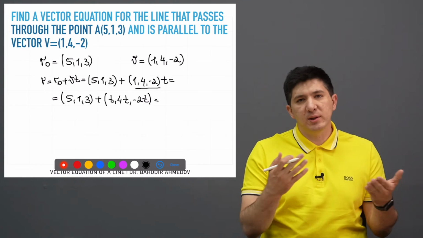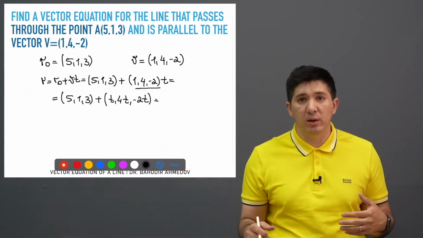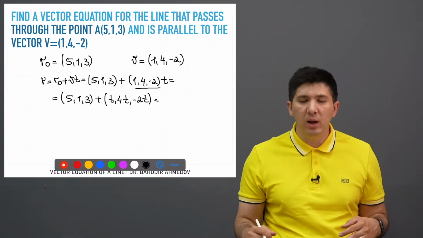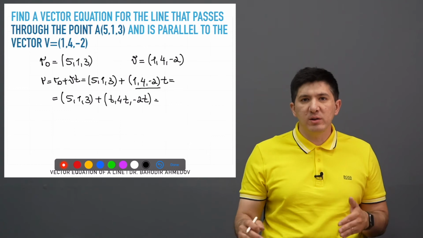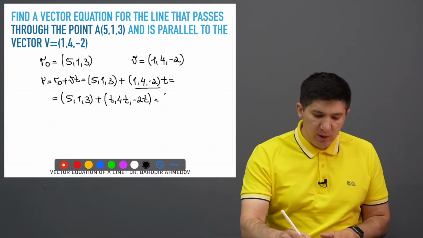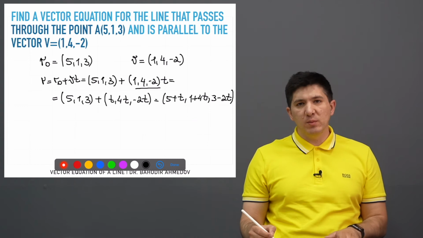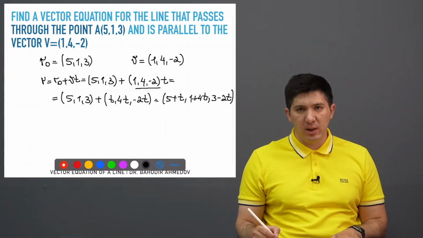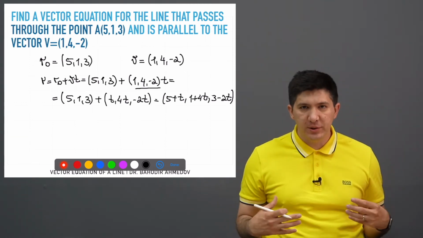And now I can add these two vectors. Since I've got two vectors of the same dimensionality, given as 3-tuples with 3 components, I can add them component-wise. It is going to be equal to (5 plus t, 1 plus 4t, 3 minus 2t). So this is going to be the vector equation of this line. Well, it is important for me to understand what I've got.